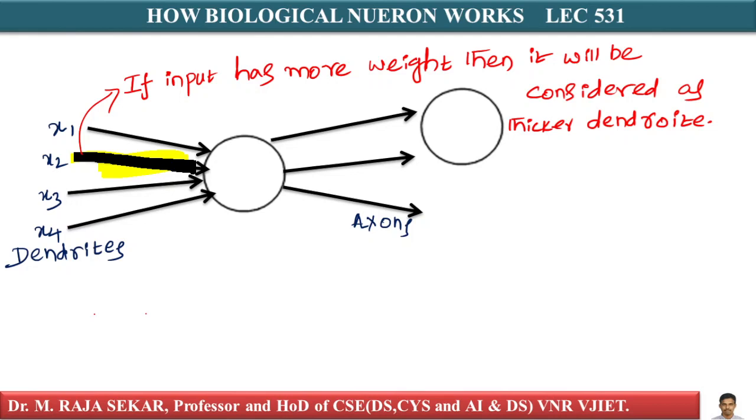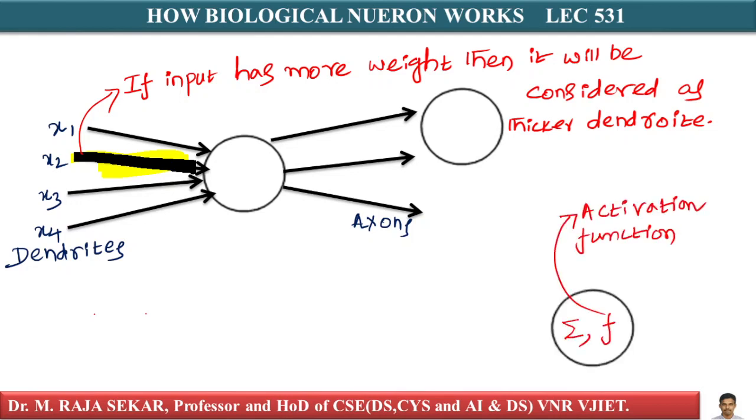So, what is the mathematical model of a neuron? The mathematical model of a neuron has a function f. There is summation followed by a function here, isn't it? We saw this earlier.